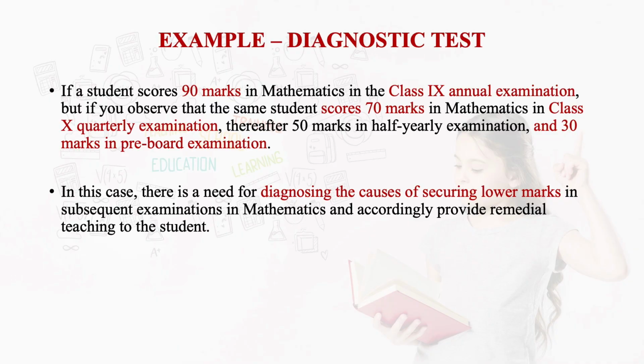You see, it starts from 90, then it reaches 70, then 50, then 30. So there may be certain problems, there may be certain causes. To find out the causes, you have to administer a diagnostic test, and after diagnosing the causes of low performance by the particular student, you again have to provide the remedial instruction, remedial measure.